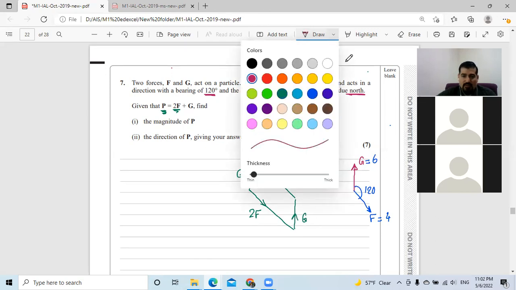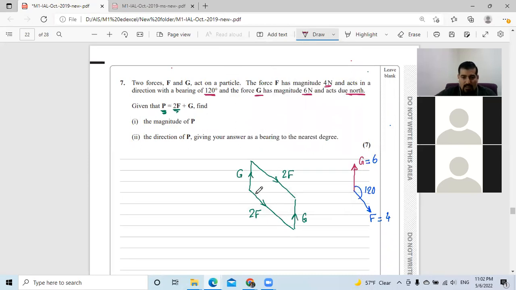Our force P acts from where we start to where we finish the parallelogram. This is P. Don't forget that if this angle is 120, then according to geometry, how much is this angle? Exactly, it's 60 degrees. Thank you.